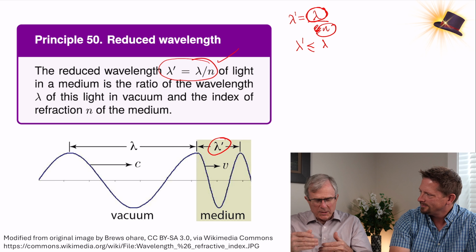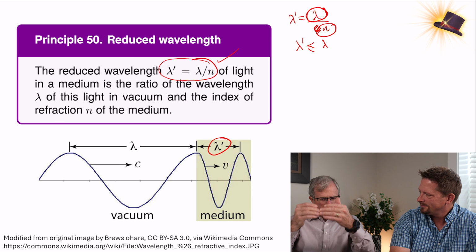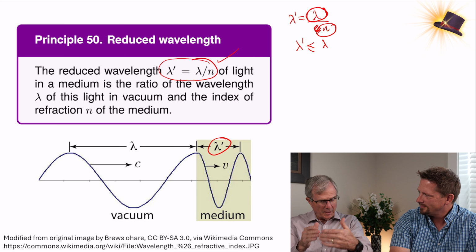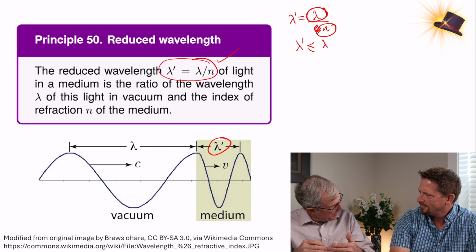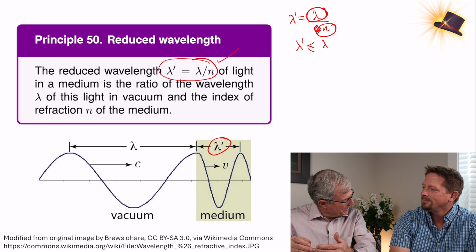To assume otherwise would mean that at the interface between the glass and the vacuum, somehow it'd be getting off kilter, but it can't. The only way it can propagate into that medium is for the frequency to remain the same.